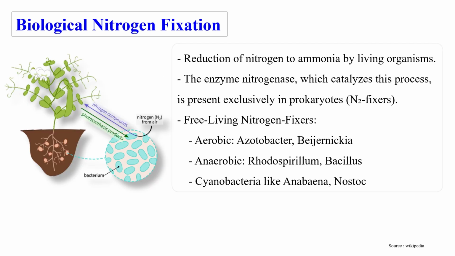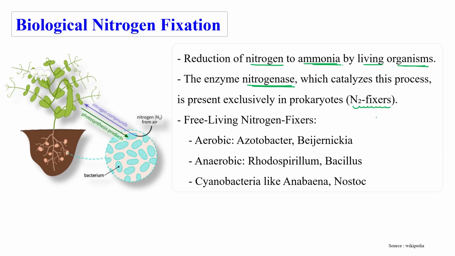Now, the next topic is biological nitrogen fixation, in which nitrogen is reduced to ammonia by living organisms. An enzyme known as nitrogenase is involved, which catalyzes this process in the presence of some nitrogen-fixing bacteria.